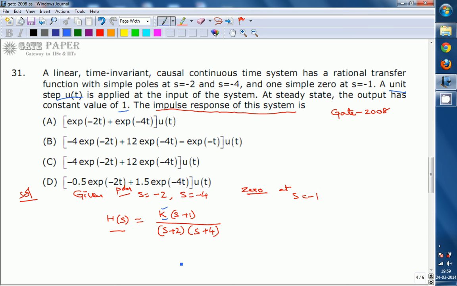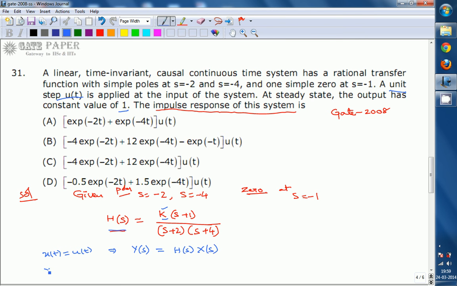So let us consider the input x of t equals the unit step signal, that is u of t. We'll find the output Y of s using the transfer function, that is H of s into X of s.